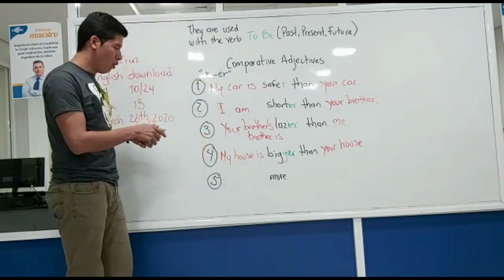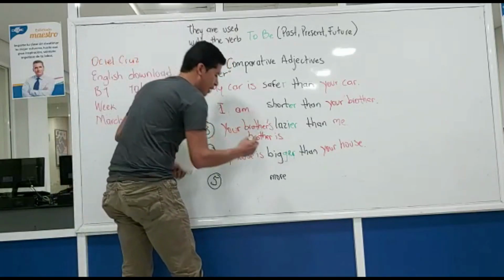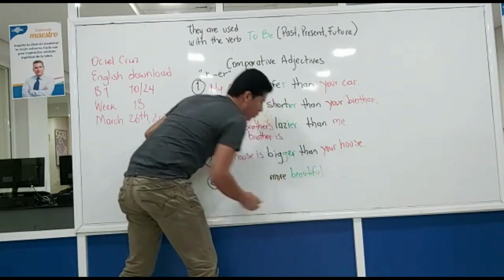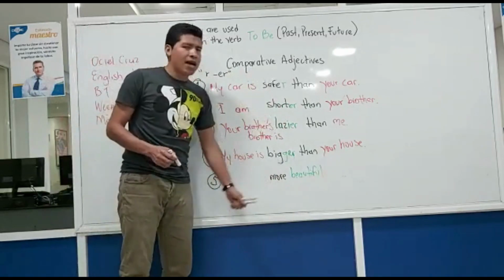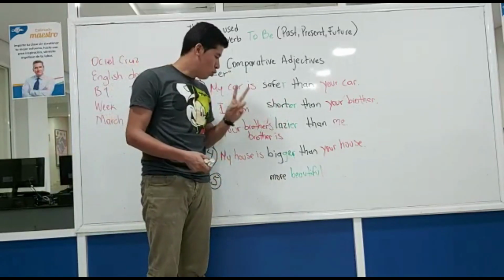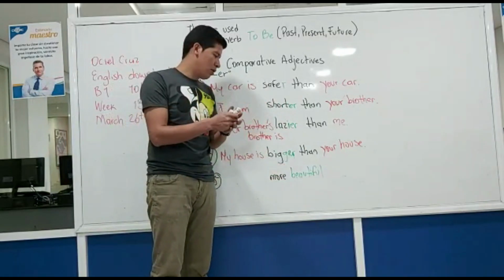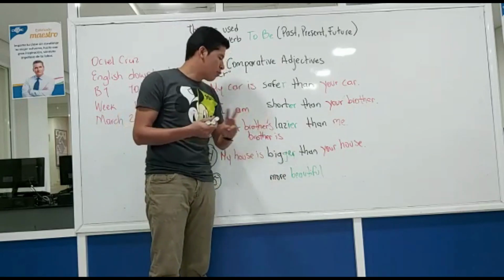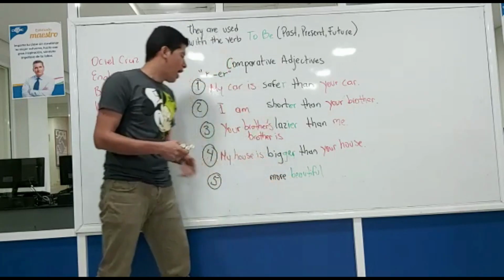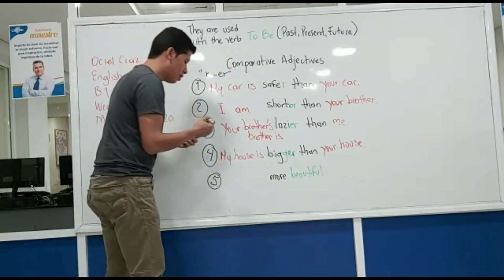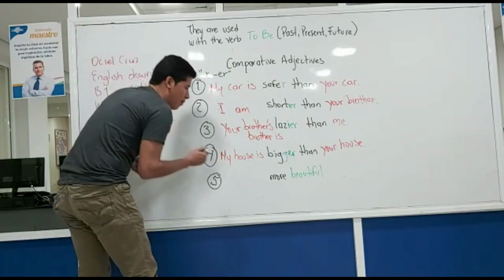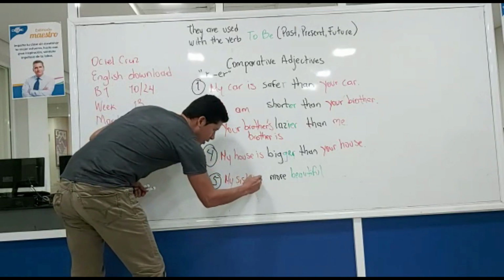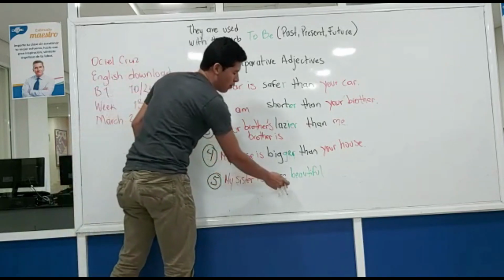For example, beautiful. Beautiful is an adjective, and this adjective is formed by more than two syllables. Beautiful. Okay, we use three. Three sounds, three syllables. And for example, my sister. My sister is more beautiful.